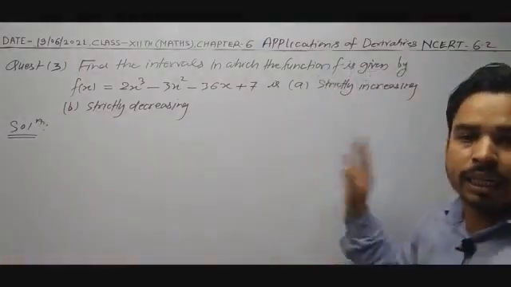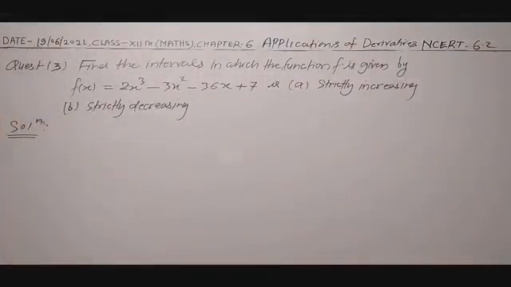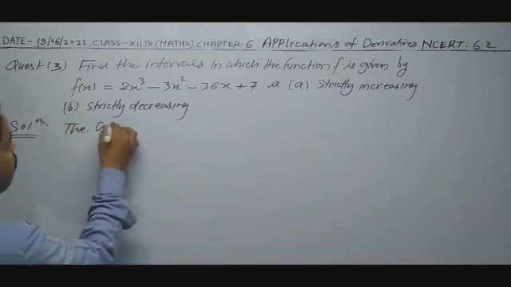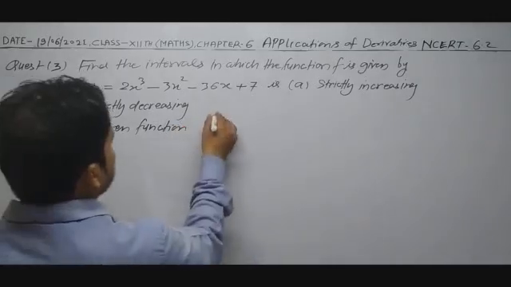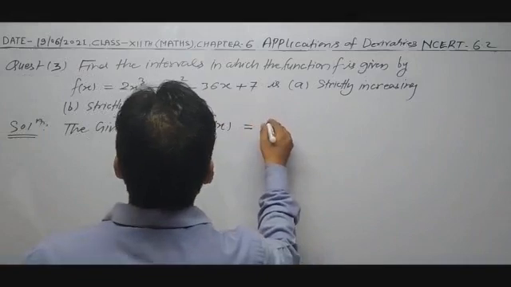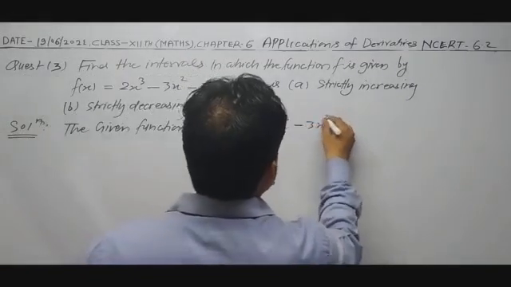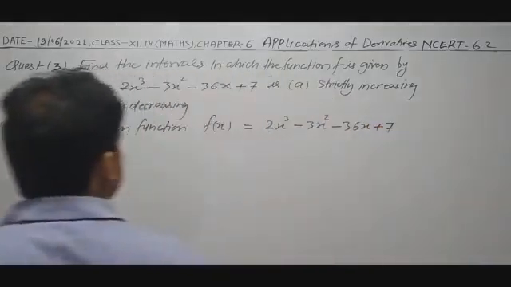We have to find the intervals in which the function is strictly increasing or strictly decreasing. So see, the given function f(x) is equal to 2x cube minus 3x square minus 36x plus 7.